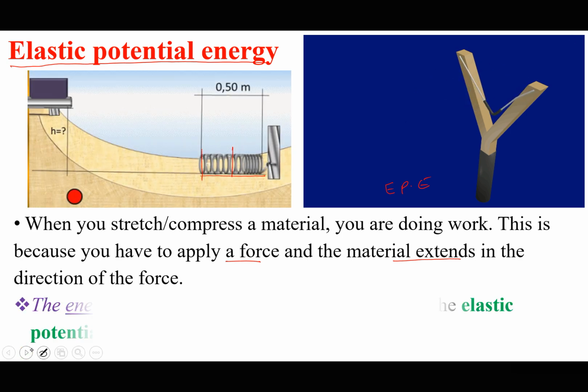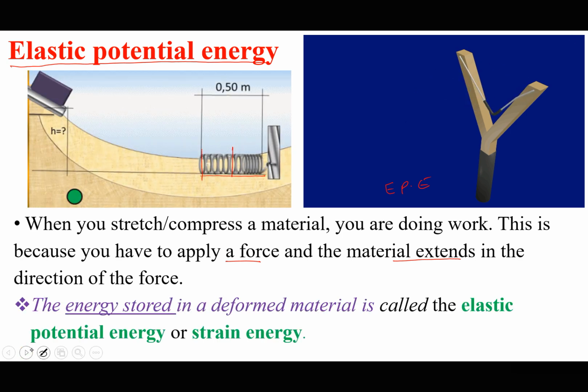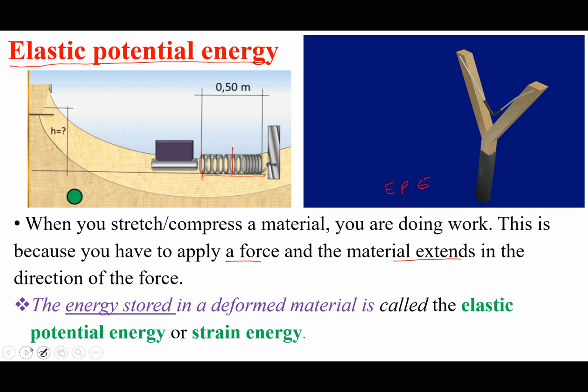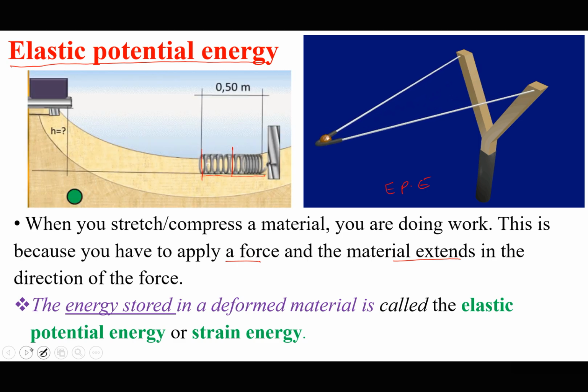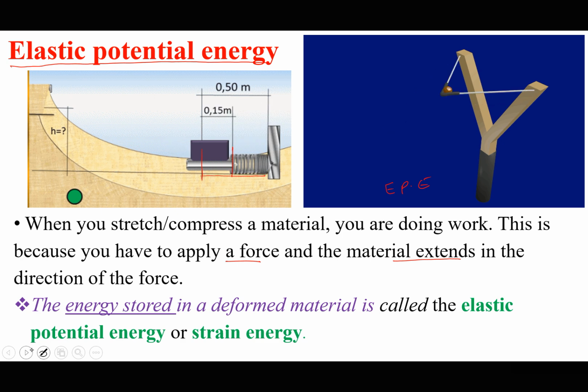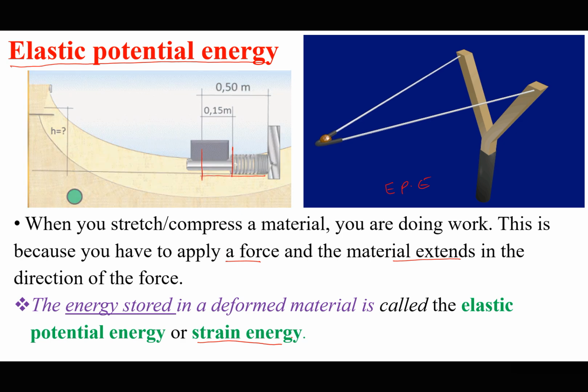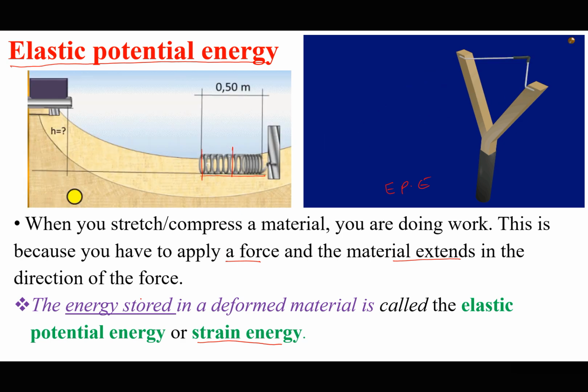The energy which is stored in a deformed material is what we call the elastic potential energy, or sometimes the strain energy. By the way, this is not the energy in a stretched material. It is the energy stored. There's a reason as to why I'm saying it is stored.